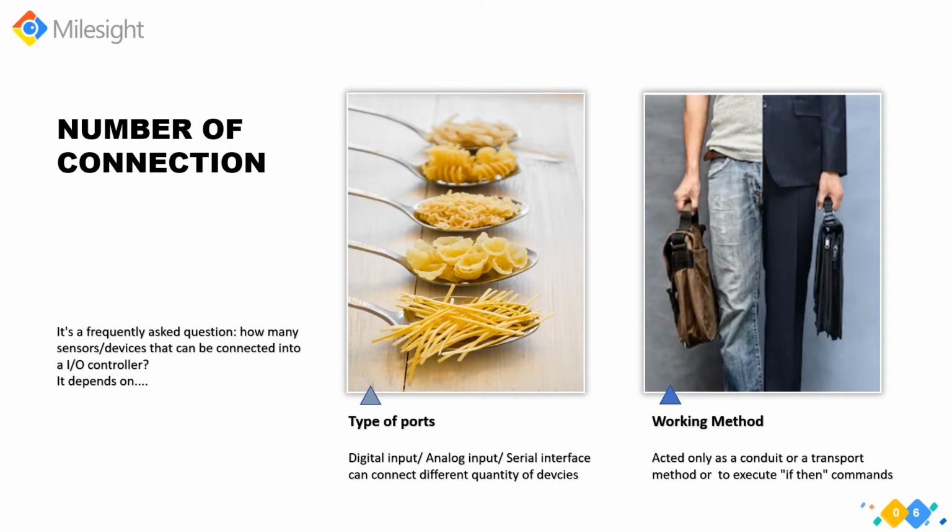Well, if this controller works only as a conduit or a transparent method for the data forward, then it means 10 units of temperature and humidity sensors can be supported at the same time. So the quantity of connected devices relies on their working mode, whether it works as a conduit or carries out the if-then commands. So it depends.